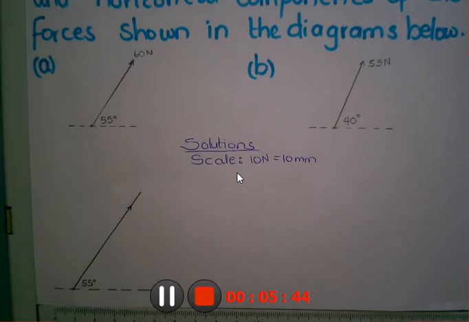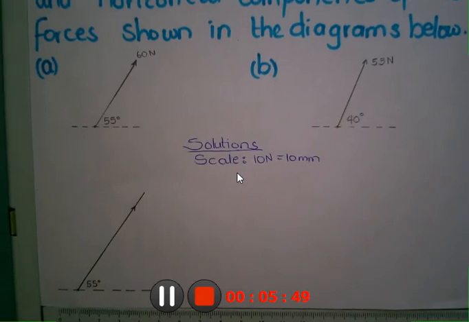So that is your 60 newton. You can indicate your direction with an arrow. This is your 55-degree angle. Sorry for that. So you have your line of 60 newton that was produced by the angle of 55.